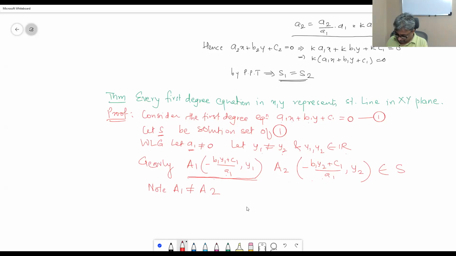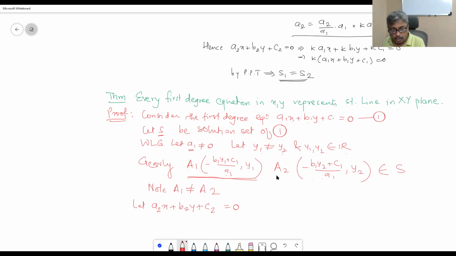Now let a2x plus b2y plus c2 is equal to 0 be the equation of a line.